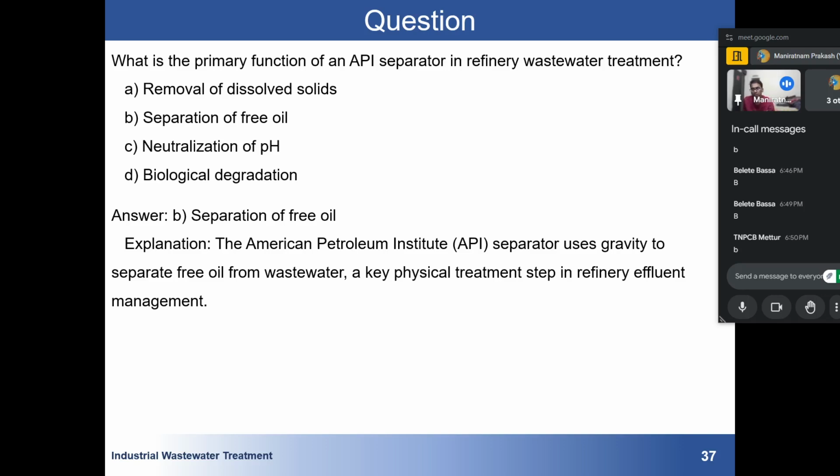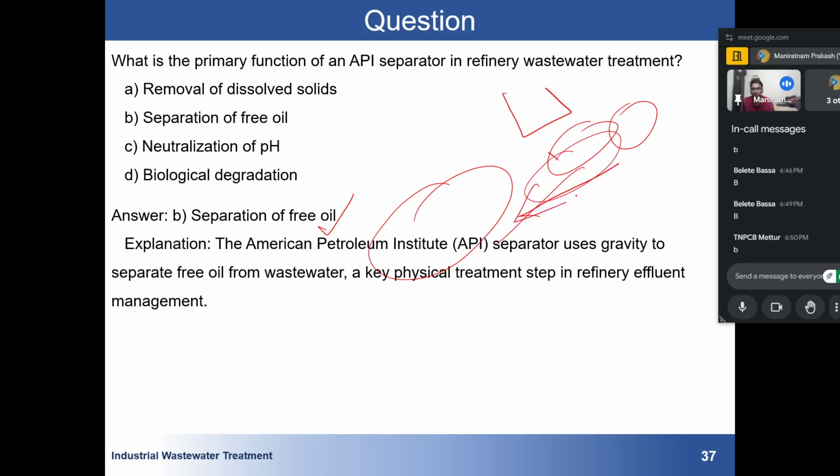Yes, the correct answer was B. A particular instrument uses the concept of gravity. We know that two liquids have different densities, and the oil floats above the water. There is something called skimming. So they use this to separate free oil from wastewater.